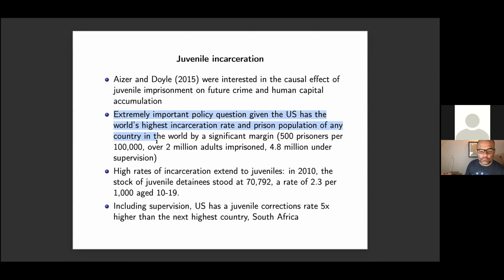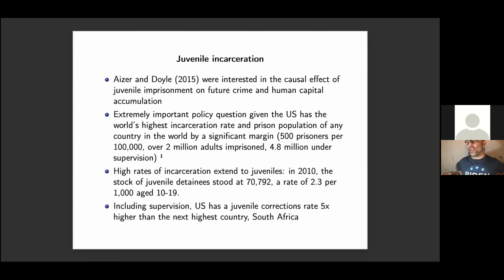So, extremely important question. The US has the world's highest incarceration rate in the whole world. That's the problem with the United States, or you could think of it as a problem. I mean, politically, there is a group of people, I probably am a part of that group, that feels we should be approaching our crime problem differently than the way we are.